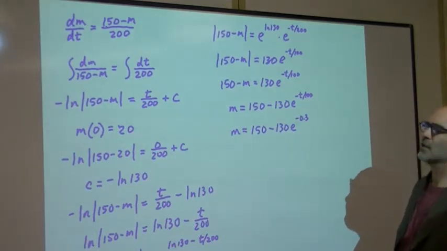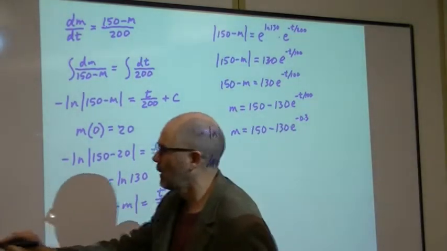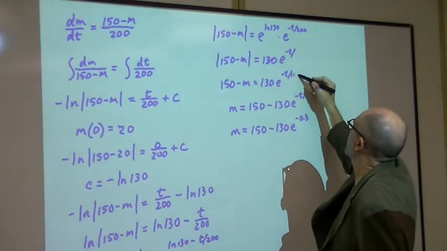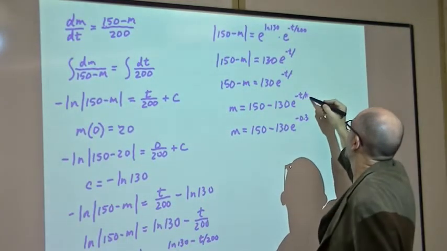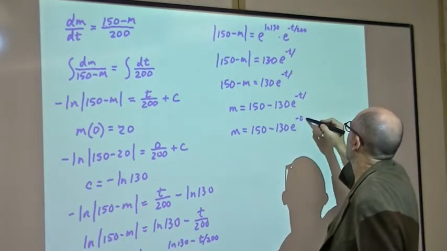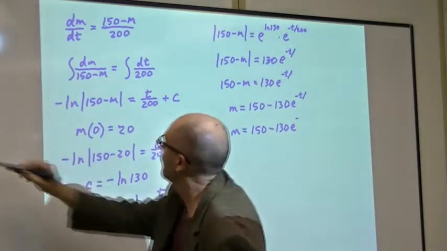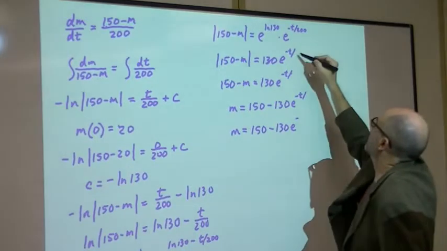And how the heck did that turn into 100? You guys need to let me know these things before I screw up. Yeah, I have no idea how I did that. Okay, so this is negative t over 200.